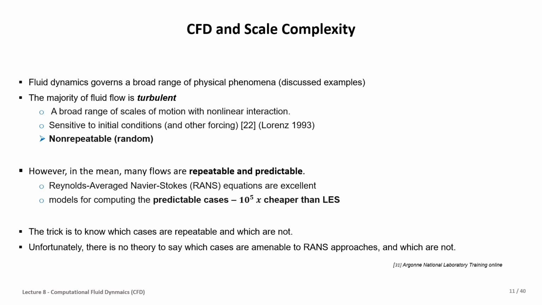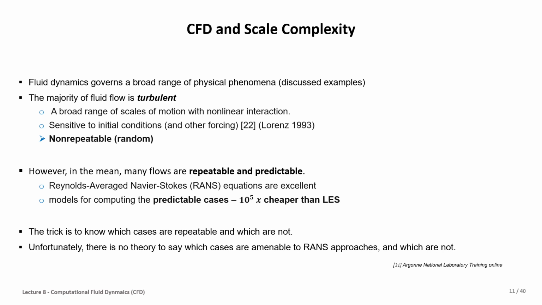Here, for example, for the predictable cases, we show that RANS is 10 to 5 times cheaper than LES. That is very important, especially when we have a large problem.